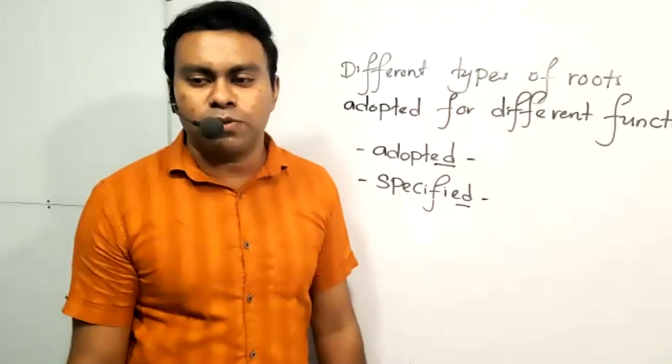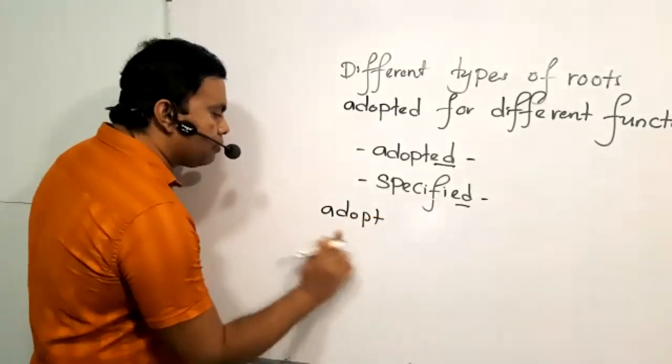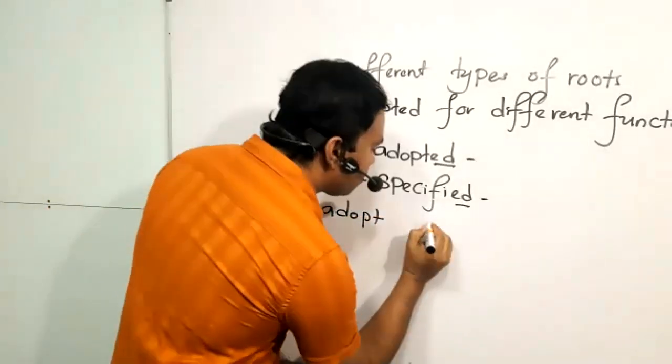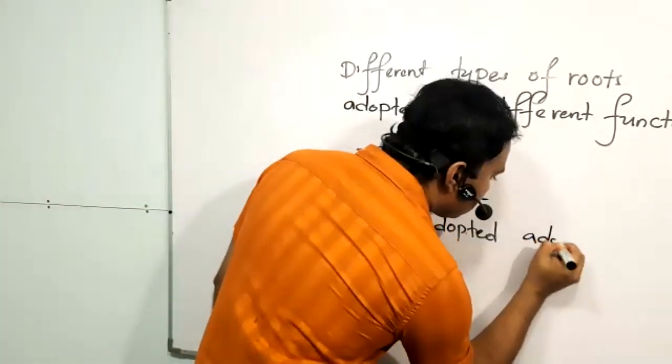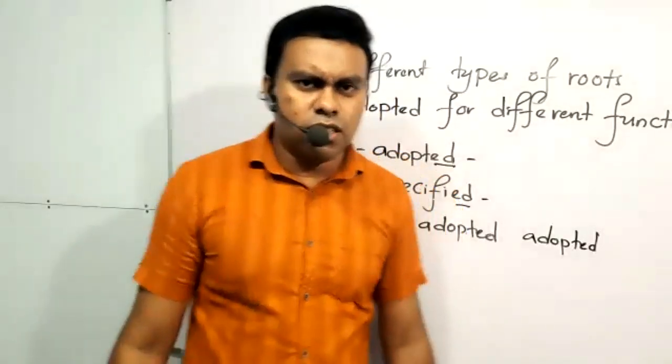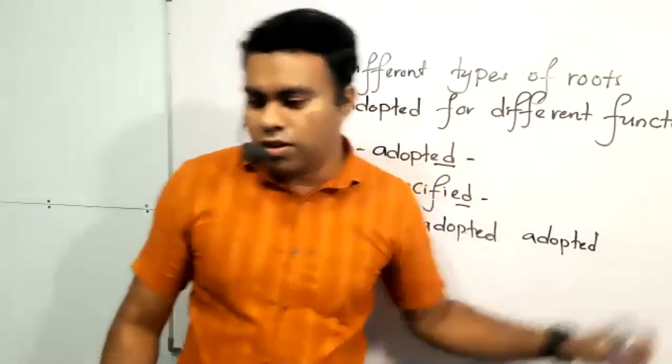First one, infinitive: adapt. Past tense verb: adapted. Past participle: also adapted. What's the present participle? Adapting. So you have to know them.